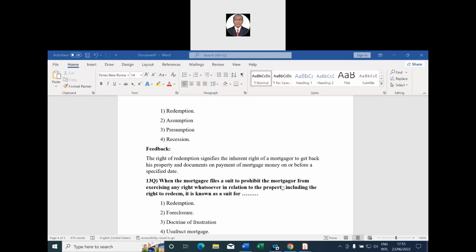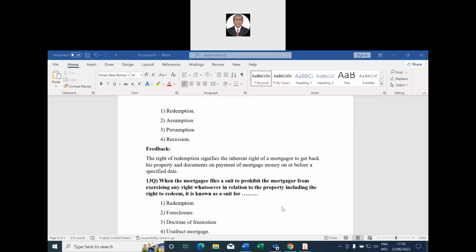When the mortgagee files a suit to prohibit the mortgager from exercising any right whatsoever in relation to the property, including the right to redeem, it is known as a suit for dash. 1, redemption. 2nd, foreclosure. 3rd, doctrine of frustration. 4th, usufructuary mortgage.